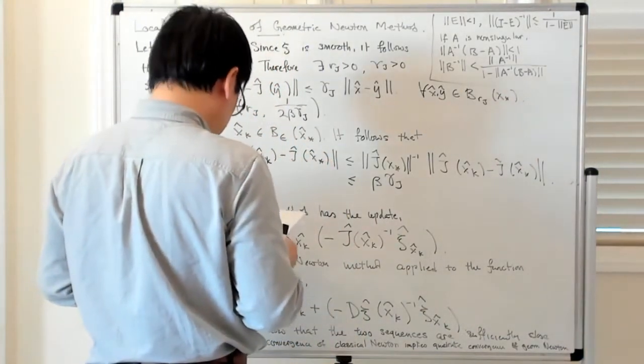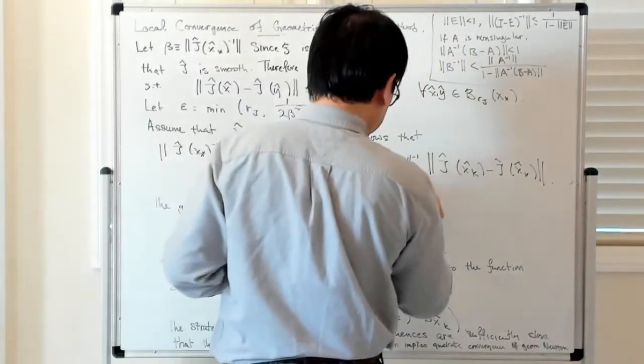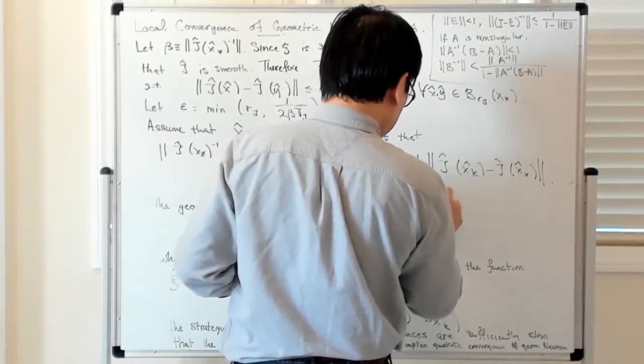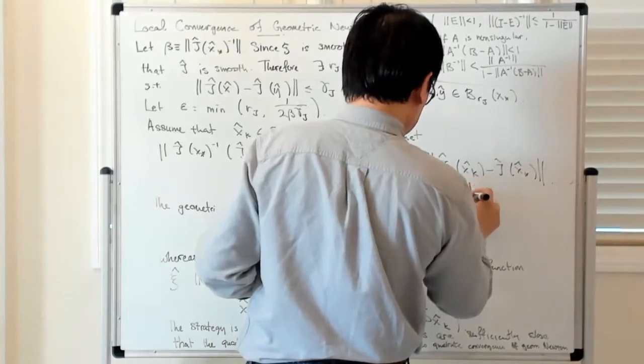So let me just put that first. That's x_k hat minus x star hat.